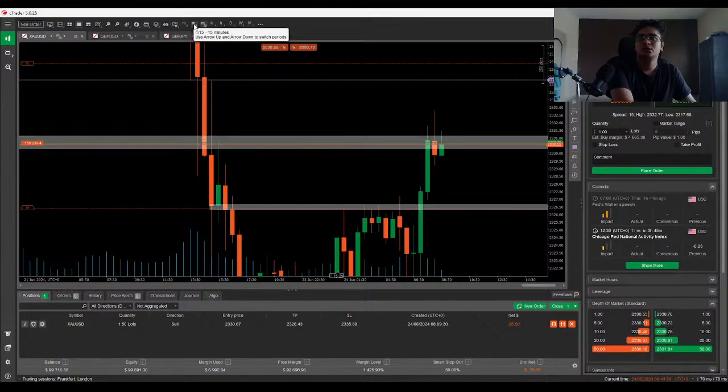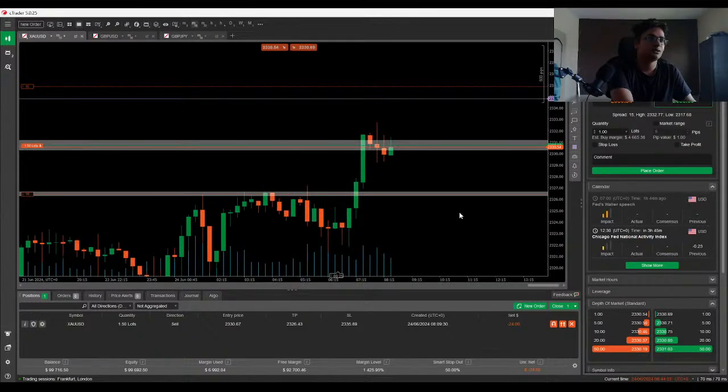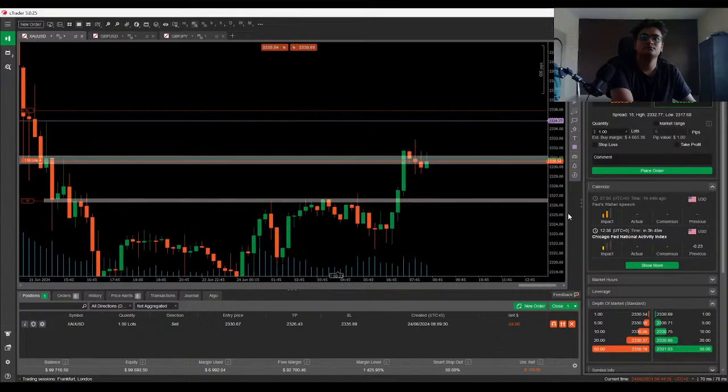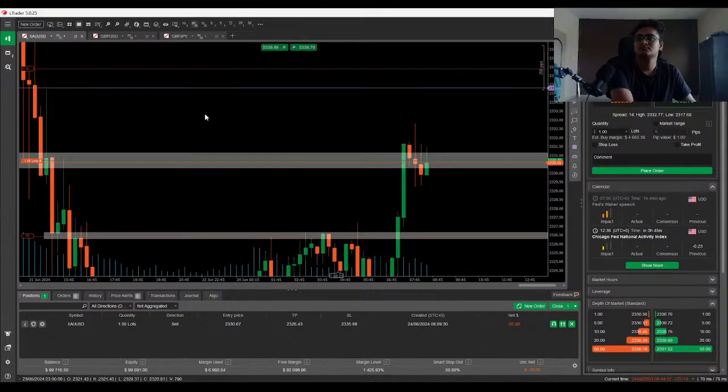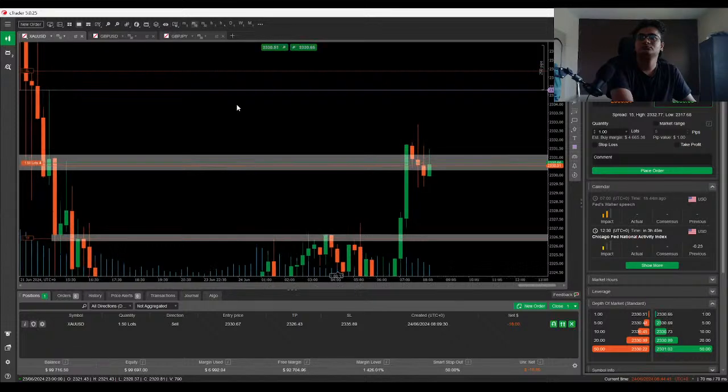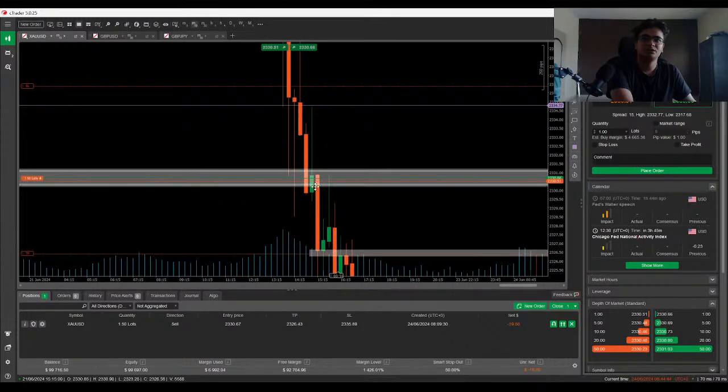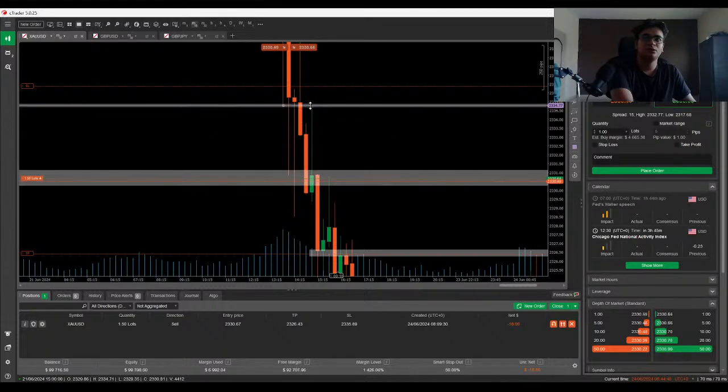Okay, I think the new 50-minute candle will start in 26 seconds, because take a look here. This 50-minute bullish candle went this much up before and rejected.